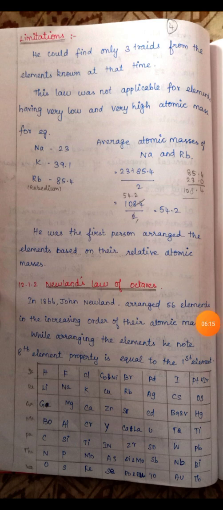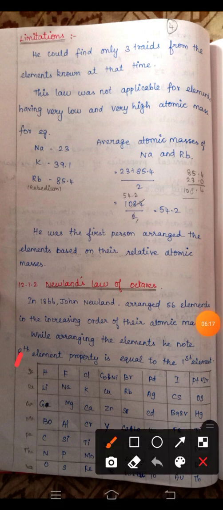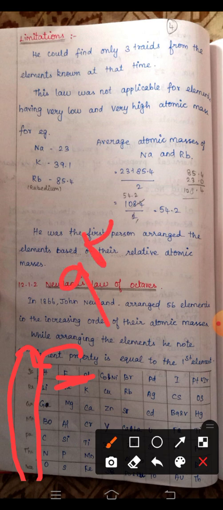First he arranged the elements in the order of the musical system: sa, re, ga, ma, pa, da, ni, and again sa, the eighth element, is similar to the first. After the discovery of inert gases, the ninth one is also similar to the first.